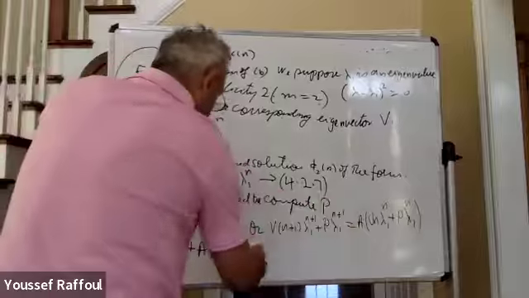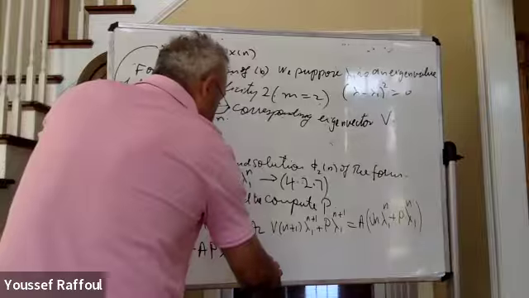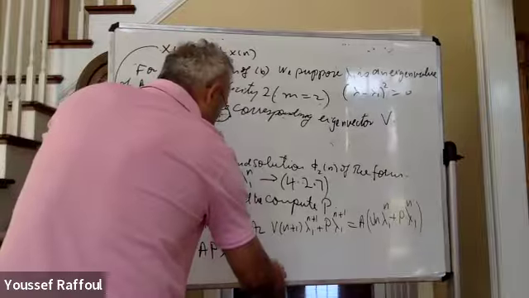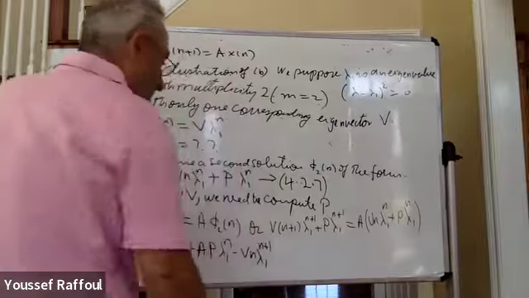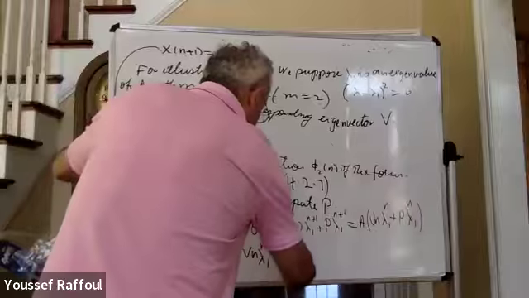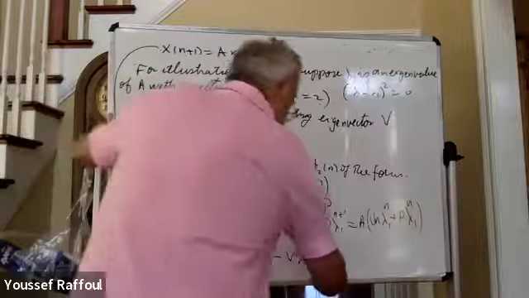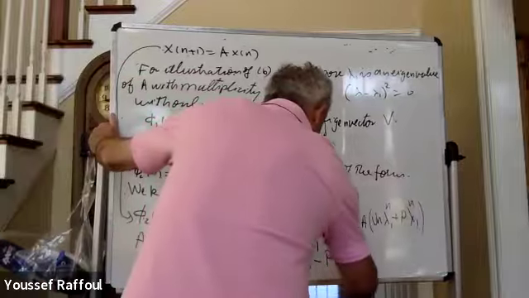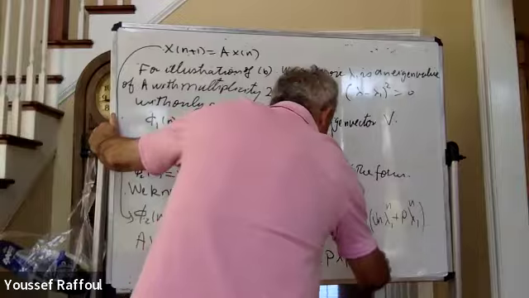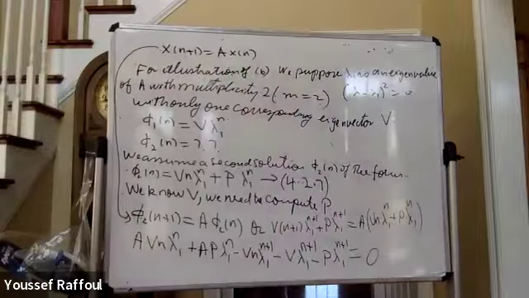Let's take this over there, minus V n lambda 1 to the n plus 1, minus V lambda 1 to the n plus 1, minus P lambda 1 to the n plus 1 equals 0. You see what we have?